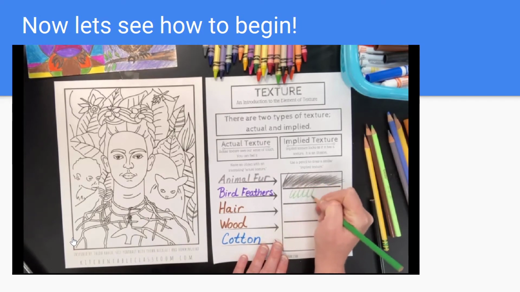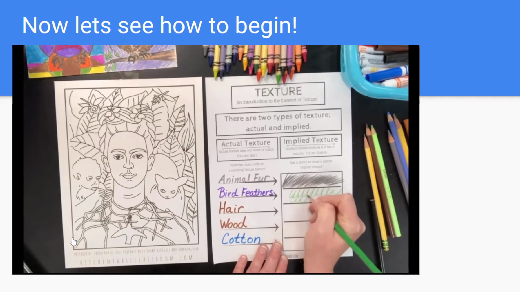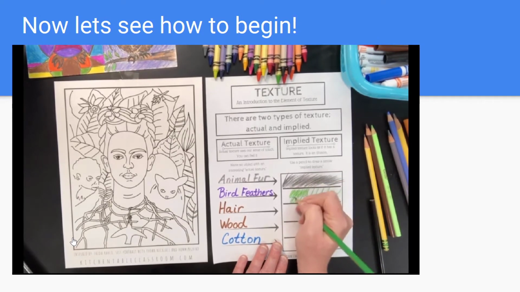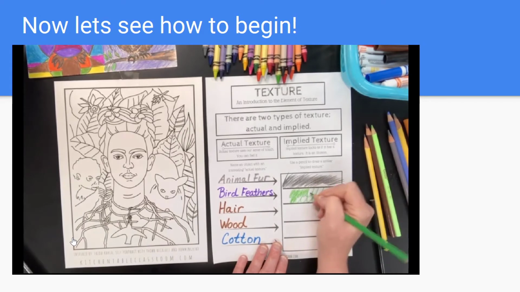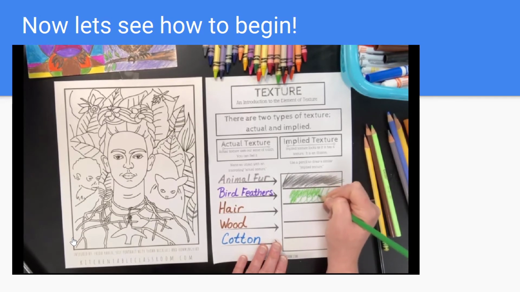So let's pretend this bird has green feathers. I can start off with the bumpiness of it, and then I can add the lines down the middle. This is similar to maybe how you would do a lot of leaves on a branch for a tree. So you have to think about what the items might actually feel like if you're able to touch them.